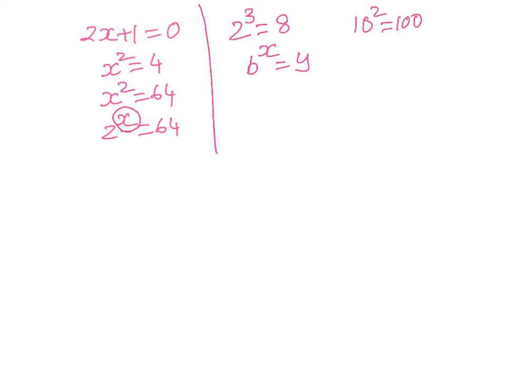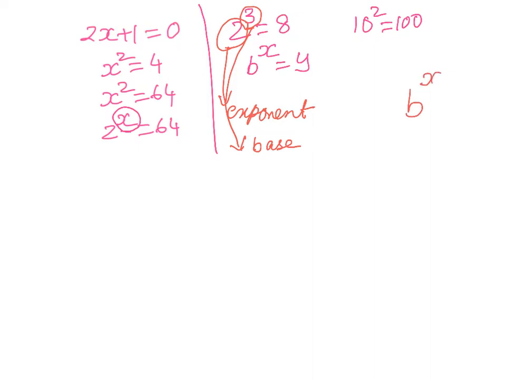Let me come again here. 2 to the power of 3 is equal to 8. 3 is called the exponent or the power, and 2 is called the base. So in an exponent, b to the power of x, we have a power and we have a base.